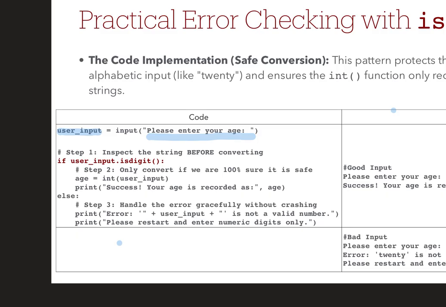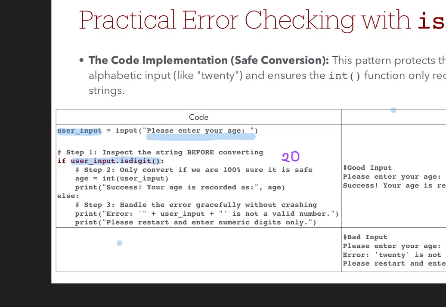If the user types only digits, say the numbers 2 and 0, in that case this condition will be true. That means the user typed numeric digits like 2, 0.